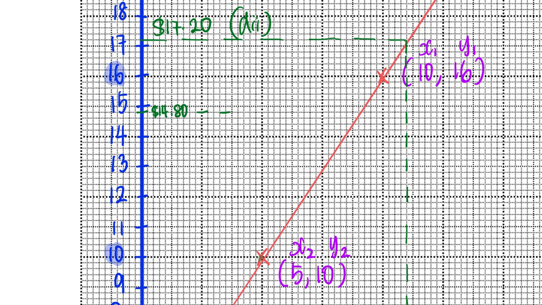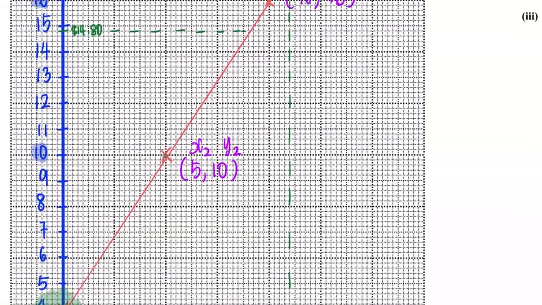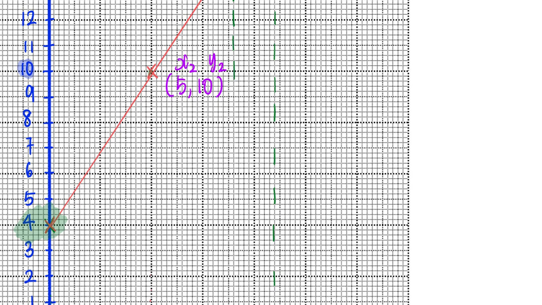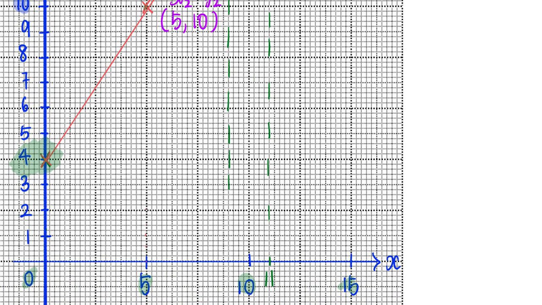So if I follow this graph, as I slowly draw the dotted line down, then I would be able to get $9.